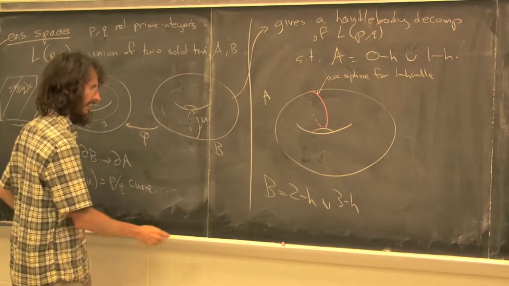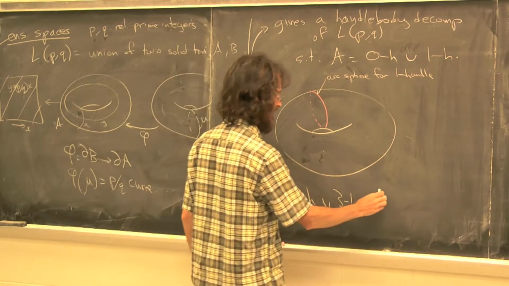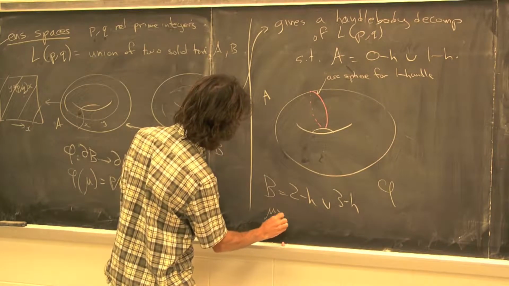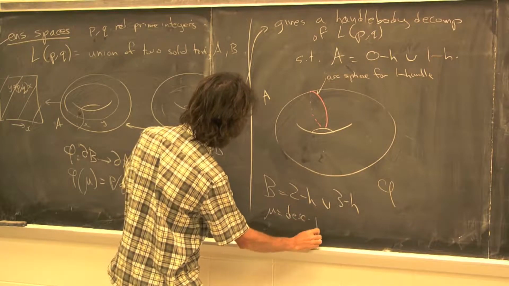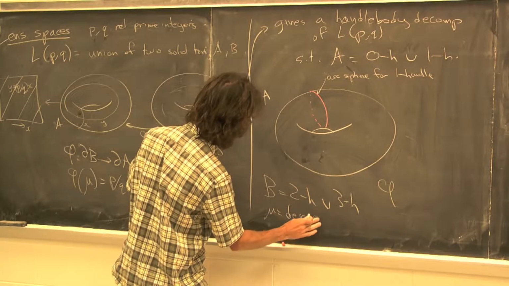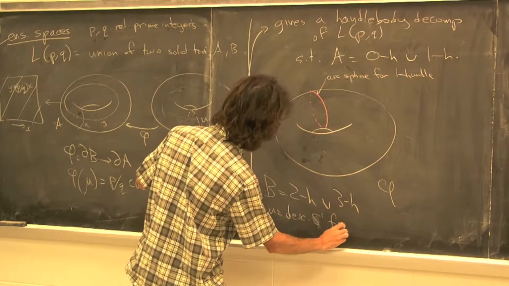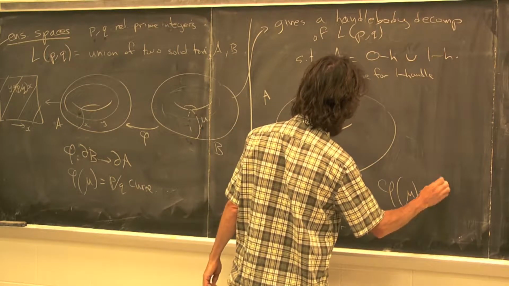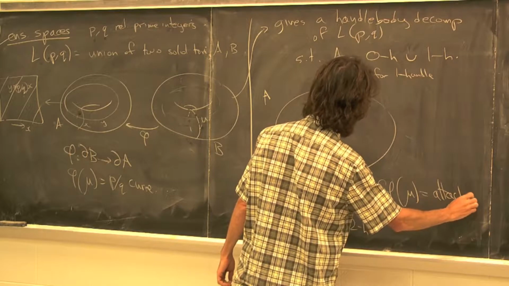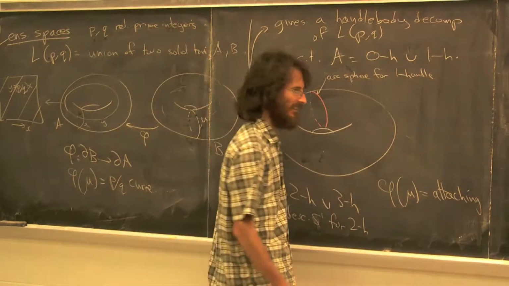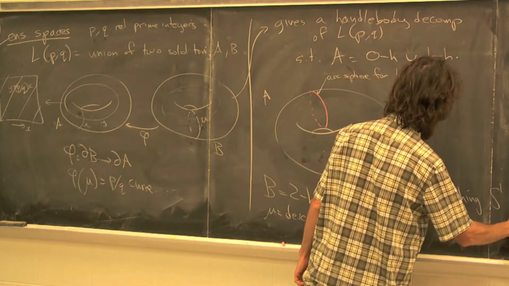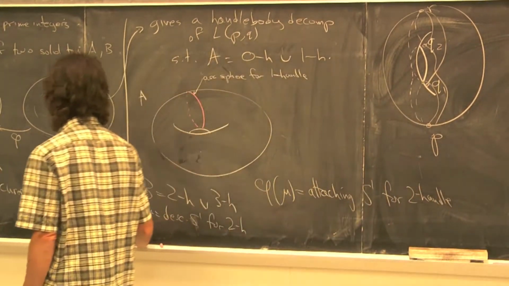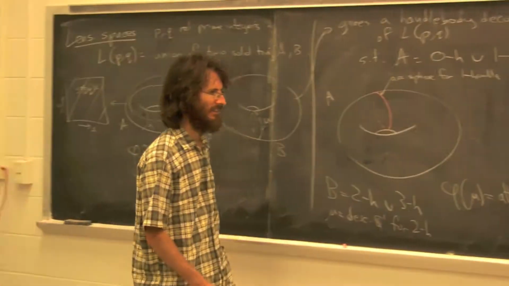So mu is the descending sphere, which is just a circle, descending S^1, and phi of mu equals the image of the attaching map, the attaching S^1 of the 2 handle. And so we draw it in here, and that's our beta curve.